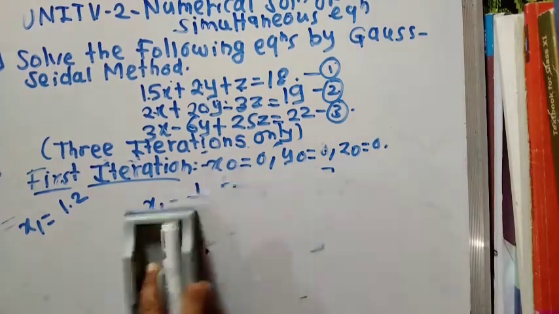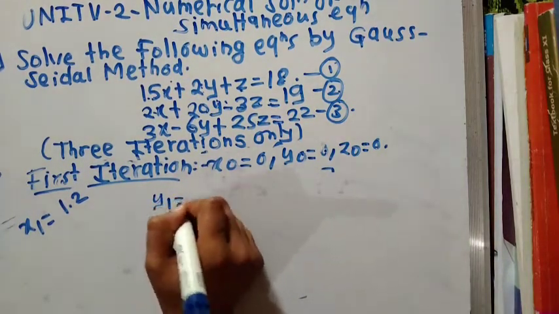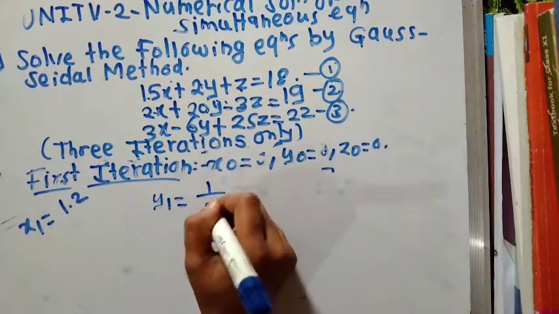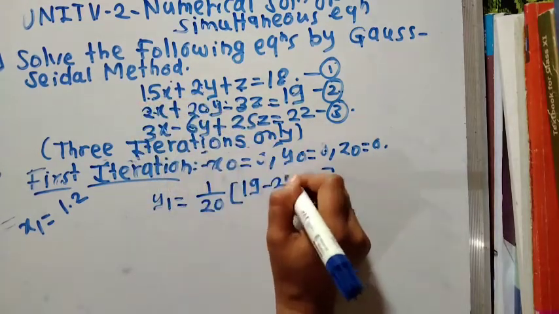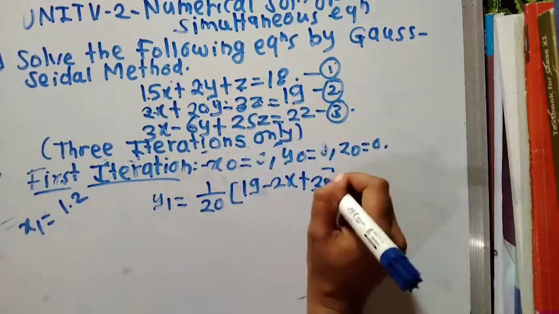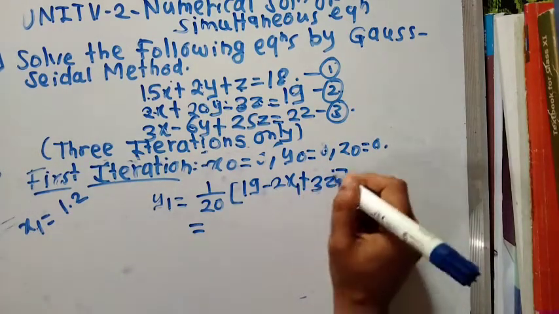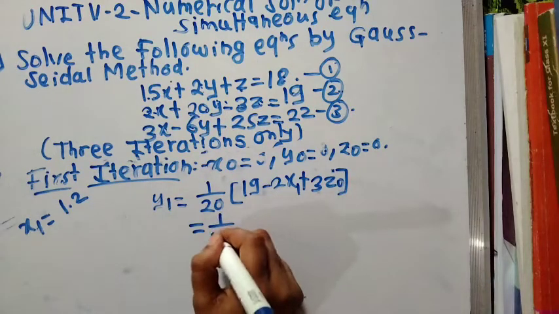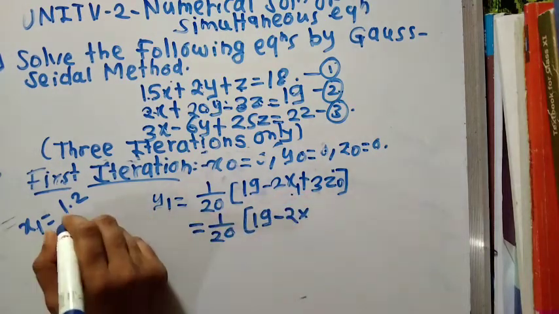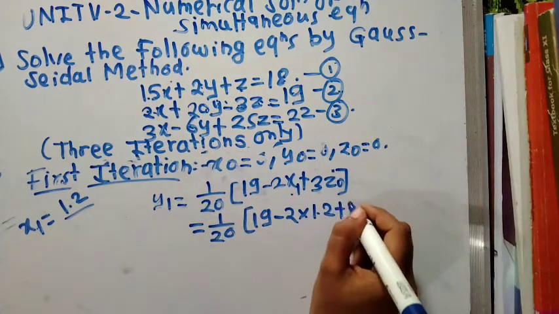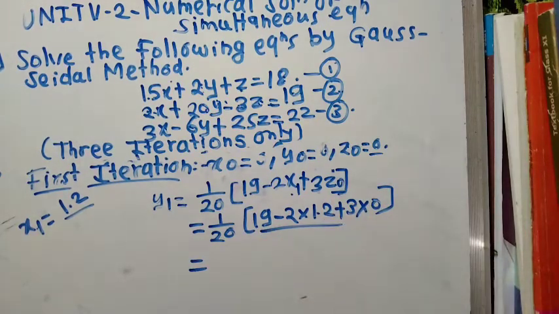Then from this find out y1. From equation second, 1 divided by 20 times (19 minus 2x plus 3z), and here we use x1 and z0. So 1 divided by 20 times (19 minus 2 into 1.2 plus 3 into 0).